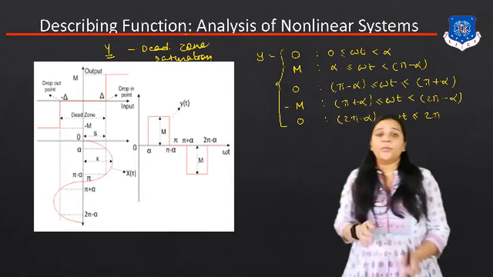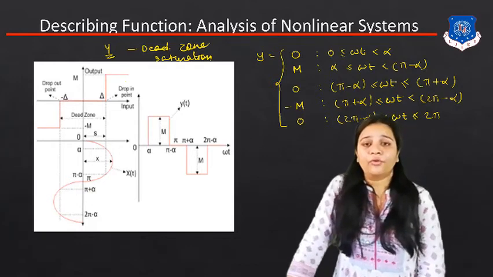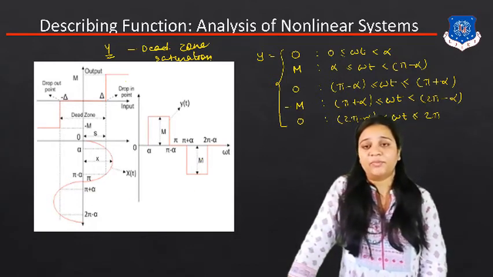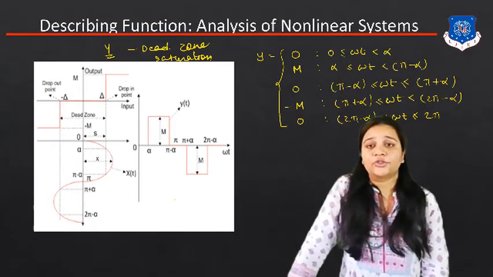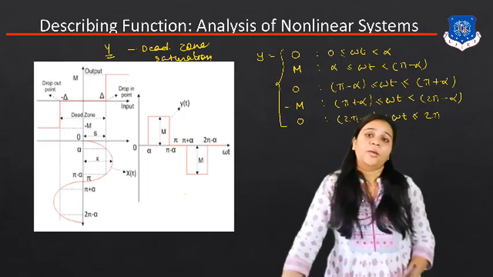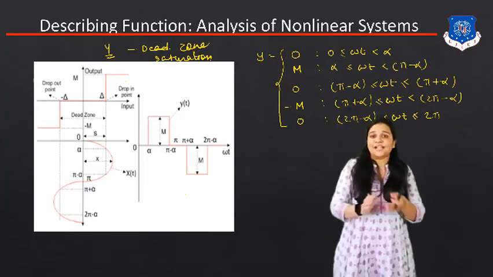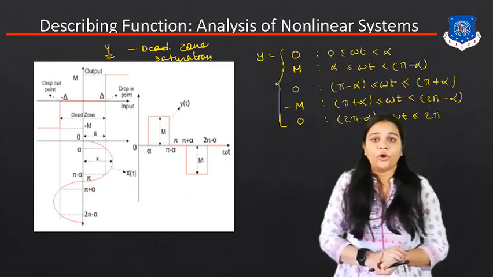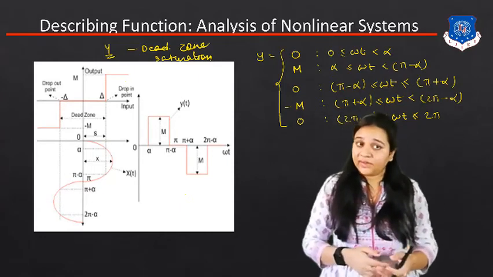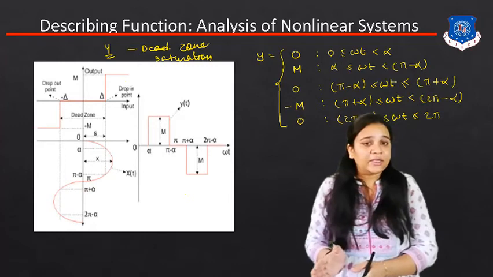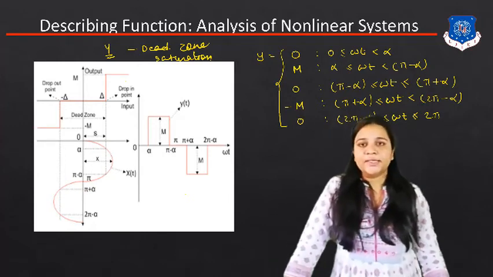So depending upon the output value, we have to draw this type of describing function using the dead zone method. The same method will be applied for the saturation describing function. So using the describing function, we can easily find the nonlinearity for this particular system.